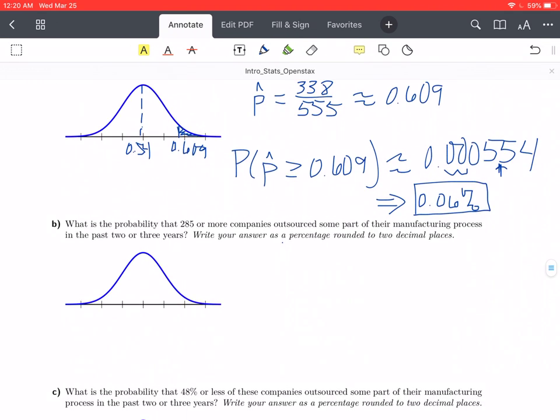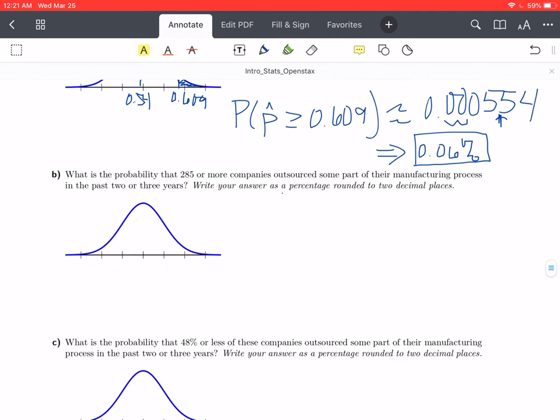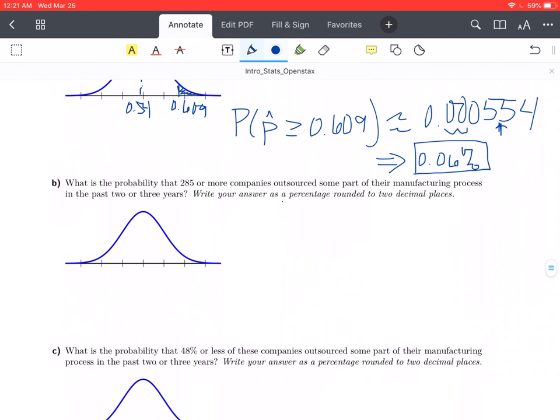Okay, so then part B, what is the probability that 285 or more companies outsource some part of their manufacturing process in the past 2 or 3 years? So now in this situation, we're looking at 285. Okay, so we get, again, our p hat value. So that's 285 out of 555, which is approximately 0.5135.